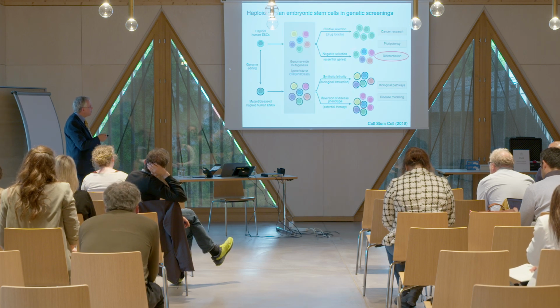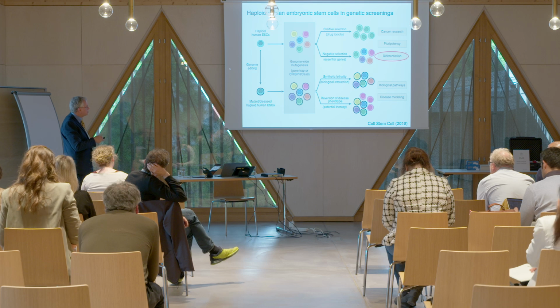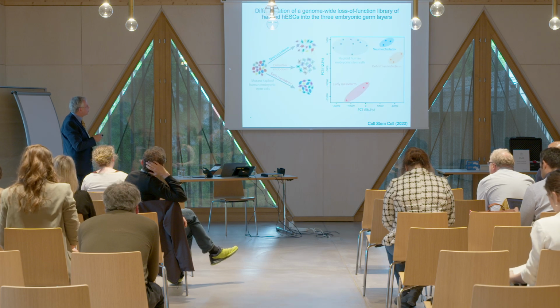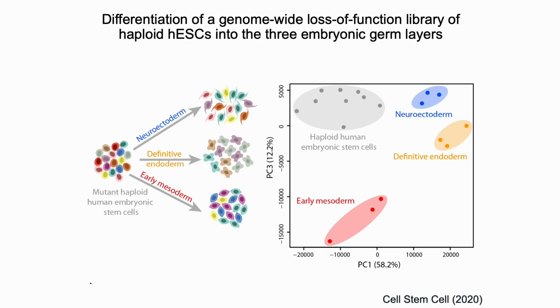So I told you a little bit about the undifferentiated or the pluripotent cells. What about differentiation? So we differentiated our cells into the 3 embryonic germ layers, the neuroectoderm, definitive endoderm, and early mesoderm, and asked what genes are essential for those types of cells that occur during gastrulation.